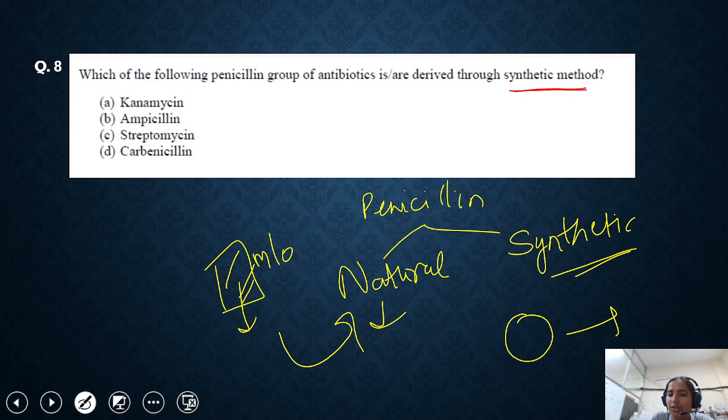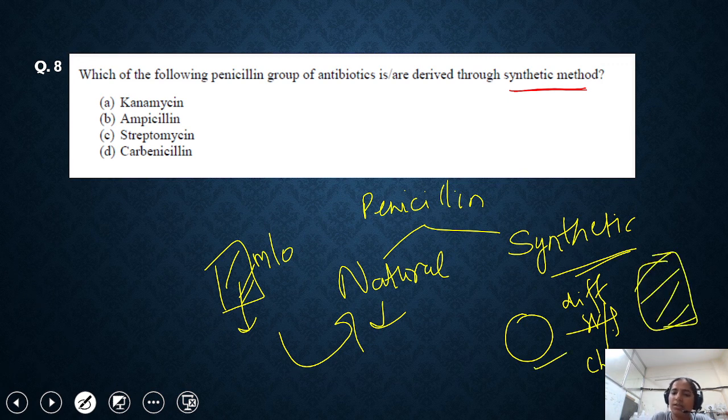And in the synthetic method, you obtain the penicillin but you make different chemical changes or structural changes, or you can use any chemical. So there is a change in the structure of that. So those penicillins that are produced after this treatment are called synthetic, and those that we use directly as produced from the microorganism are called natural.